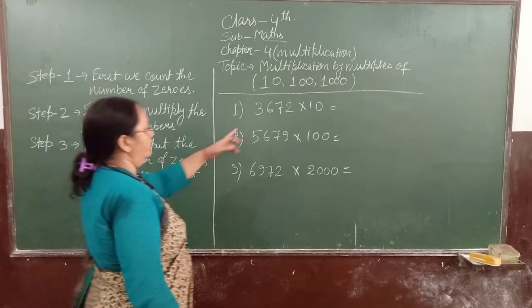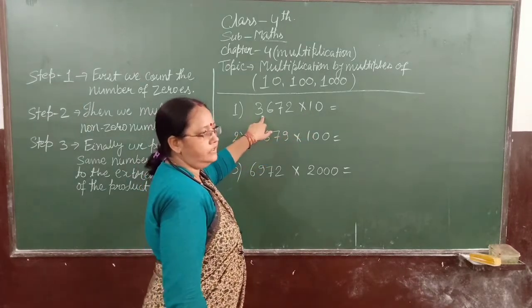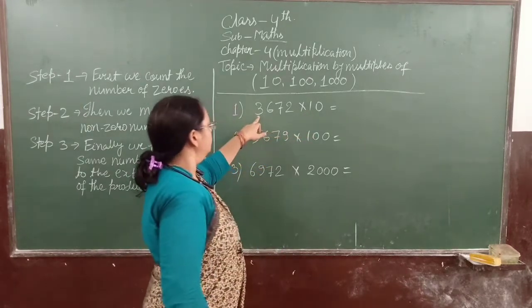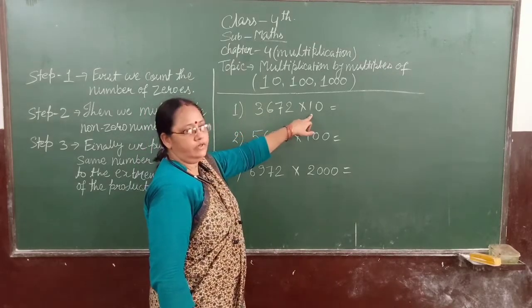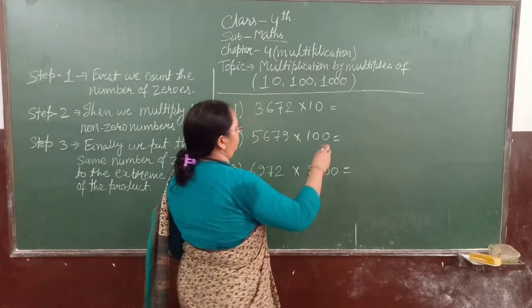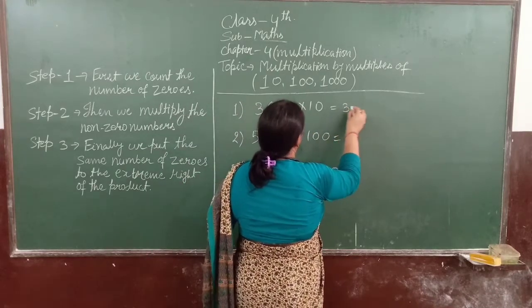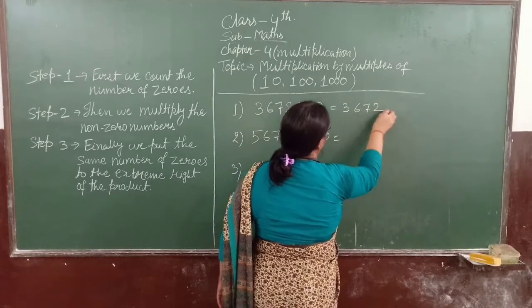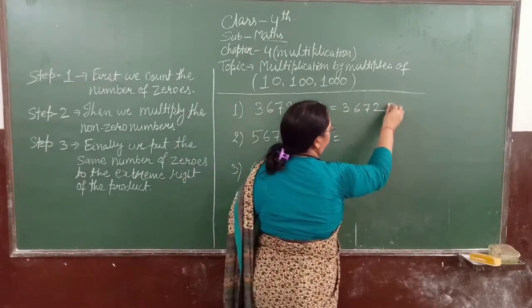So at first we multiply with the non-zero digit, that is 3672 multiplied with the 1 is the number itself as your given property, 3672, and put 10 at the extreme right.